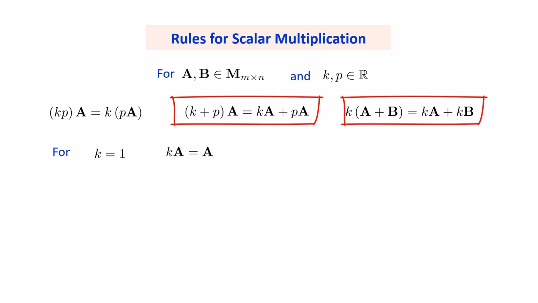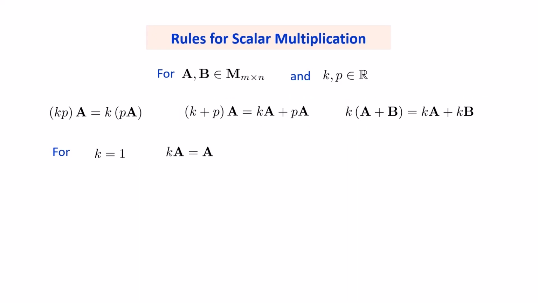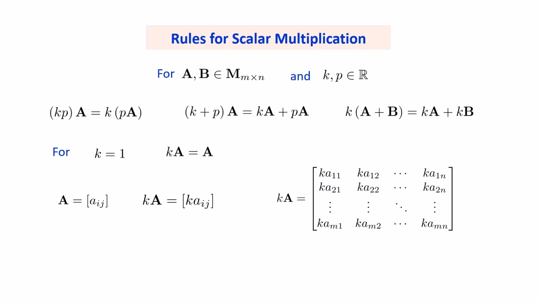We also have a scalar 1, often called identity, and when 1 is multiplied with A, the product is simply A. Keeping the above rules in mind, we propose that when scalar K is multiplied with matrix A that has the elements Aij, the product will have elements KAij.